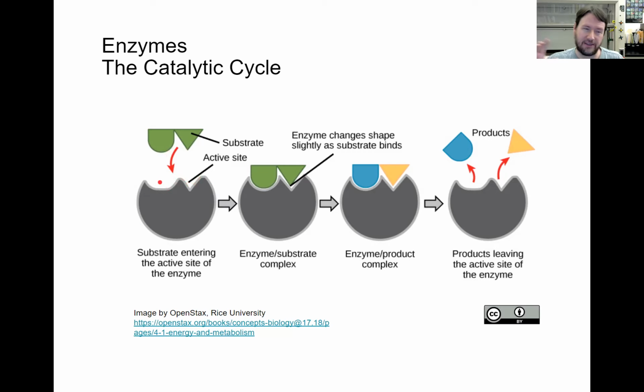And it also has just the right chemical groups around the substrate to hold it in place and to help the reaction occur. And again, these enzymes are big old proteins, so it's got those 3 or 4 levels of protein structure. So it's folded up in a very special way to get particular amino acids right next to the substrates.